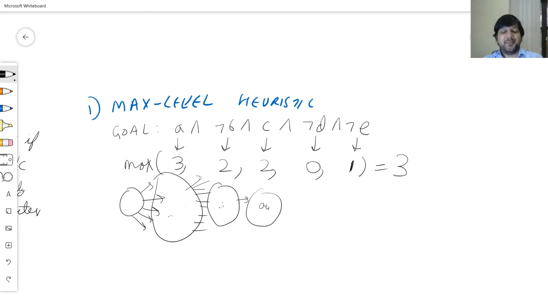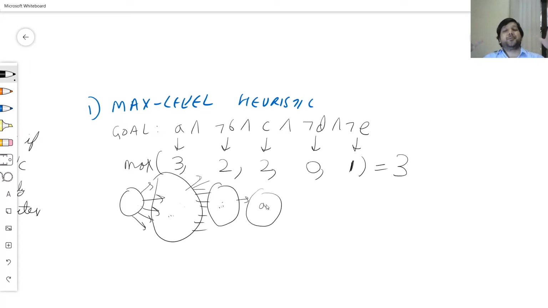That does not mean that by applying 3 actions one after the other you can get A. It may be mutex. It may not be practically possible. However, that's saying there is some possibility. It may still not be possible to produce A at level 3, but there is some possibility if the actions don't naturally have mutex with each other, which your algorithm couldn't find out. We're not finding every mutex.